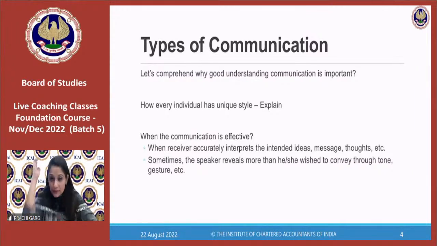For clear understanding, okay, to make communication effective, that's of course the primary goal.